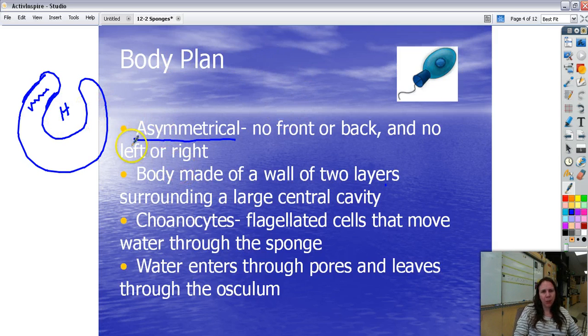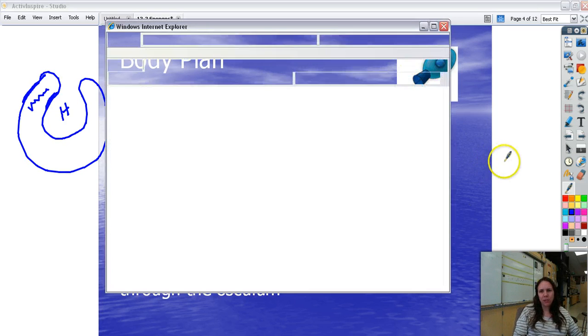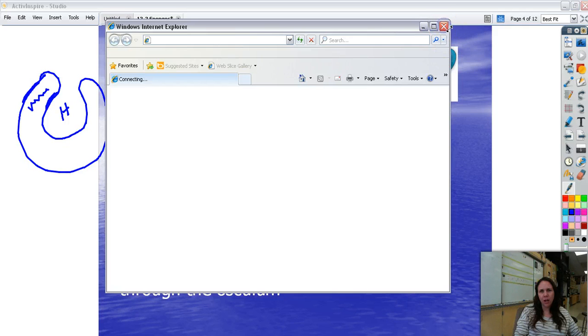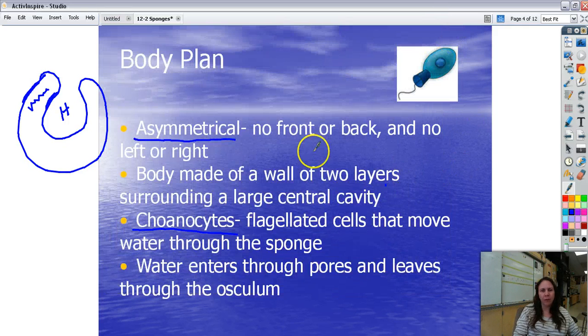Inside of the body wall, we find these specialized cells called choanocytes. Choano means collar, and so if you look at this, it kind of looks like a little collar, like on your shirt. Wrong button, there we go.